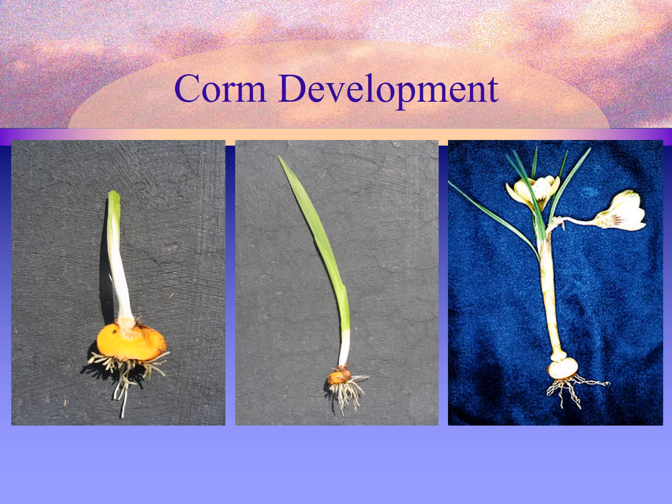And finally in the picture on the right, you see the original corm that I planted, and on top of that original corm you see a little swollen bump. That represents the new corm that is starting to form on top of the old corm. As we discussed earlier, that's happening because those leaves are photosynthesizing. Those sugars are being stored in that new corm as it forms on top of the old one. And the old corm will eventually disintegrate as time goes on.